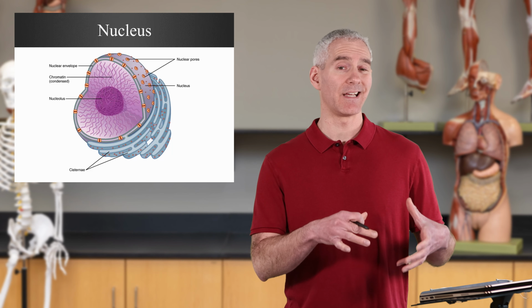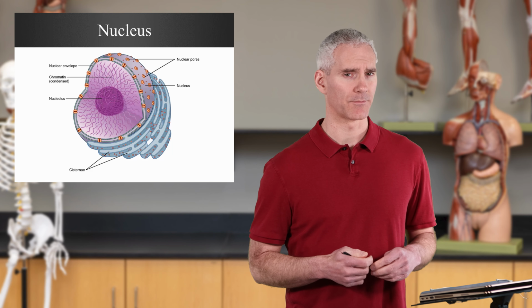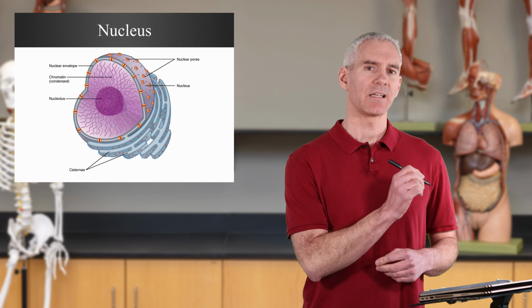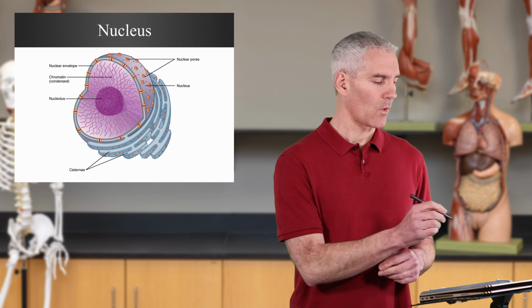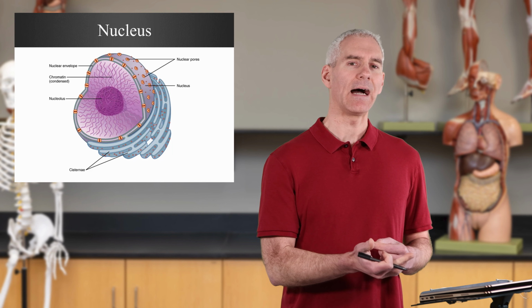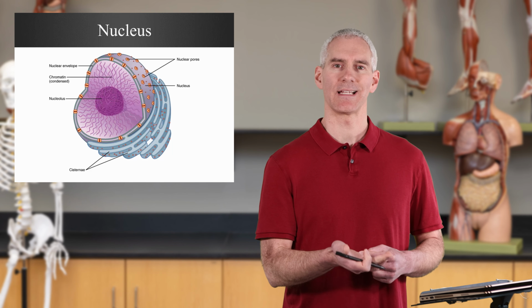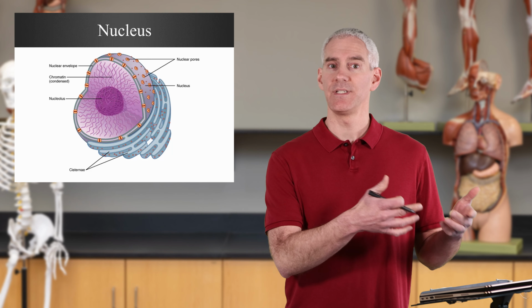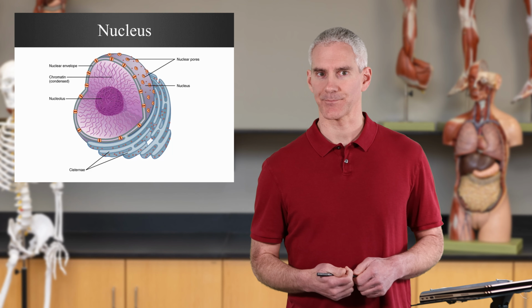Now, hopefully you remember DNA, double strands, we talked about that before. But inside the nucleus, once the DNA gets unpacked a little bit, it allows for a process called transcription. It's where the DNA can be copied into RNA.